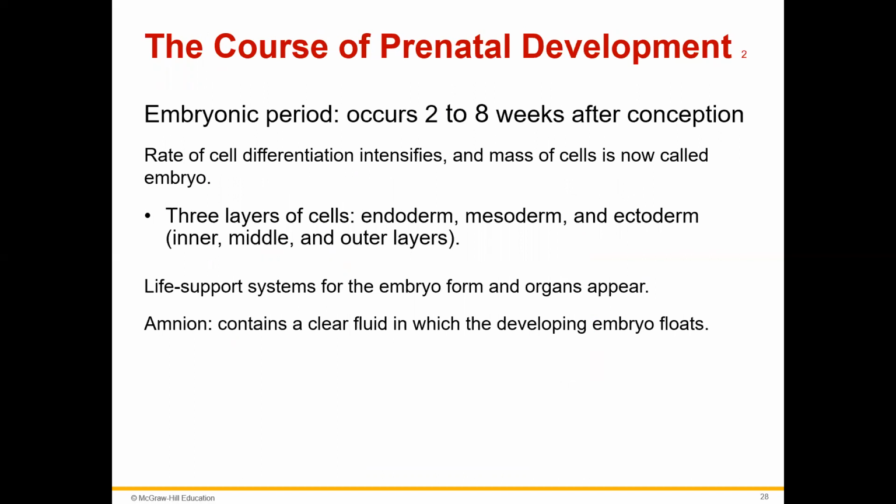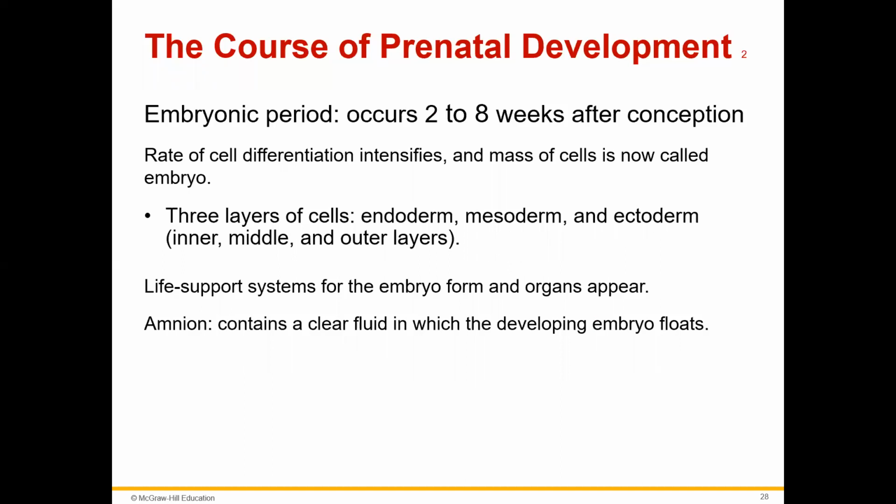There are actually 3 layers of cells that form: the endoderm, mesoderm, and ectoderm. The ectoderm is the outer layer of cells. One way to remember this is that they both have a T in it.